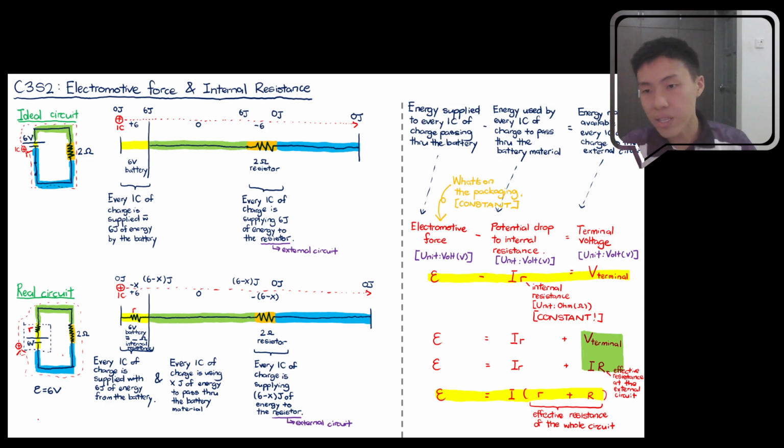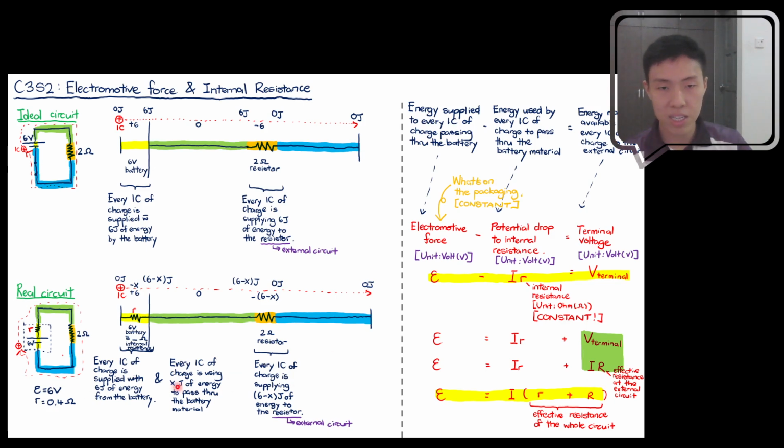Okay, so in that case, let's say today I'm giving you an example where this small r equals 0.4. Then what you can do is plug in all this information here to determine the current using this equation.